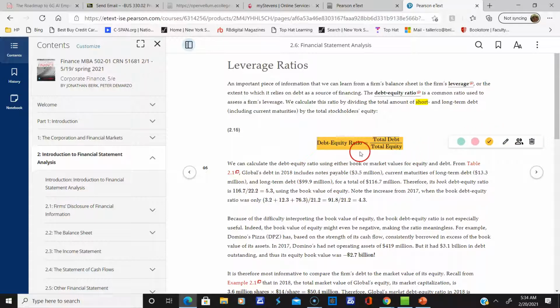And again, this will come off of the balance sheet, right? So the book debt to equity ratio here is basically you use the book value of the balance sheet.